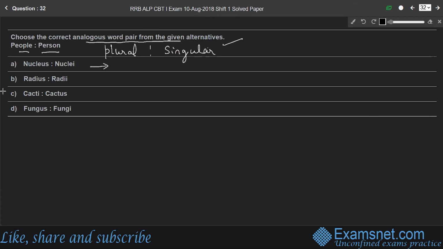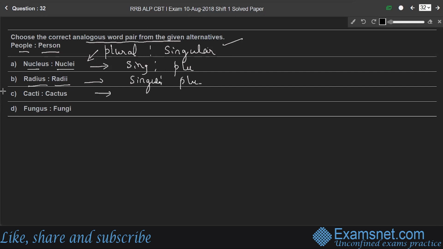Option A, nucleus, nuclei. Nucleus is singular, whereas nuclei is plural, so option A doesn't follow the same pattern. The first word has to be plural. Radius, radii, where radius is singular and radii is plural.